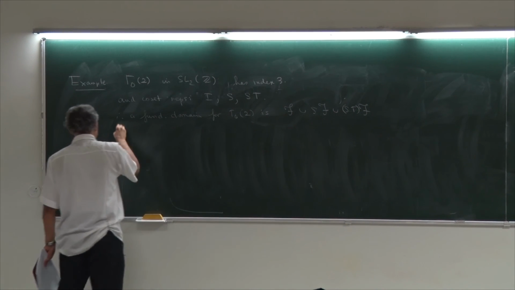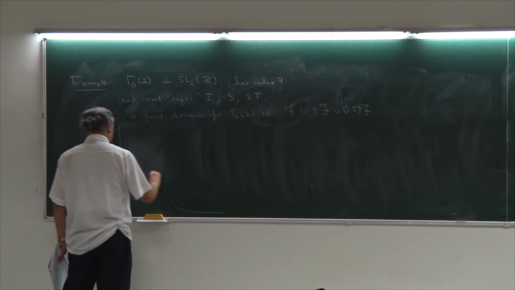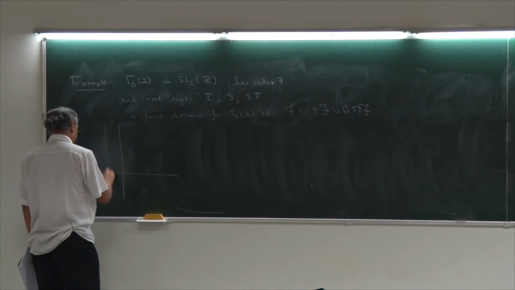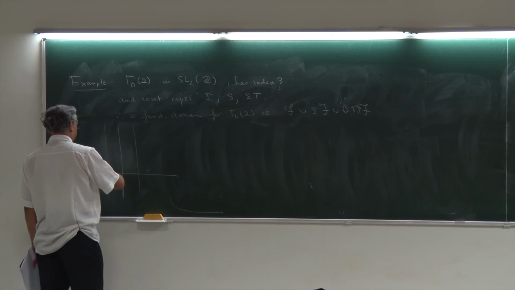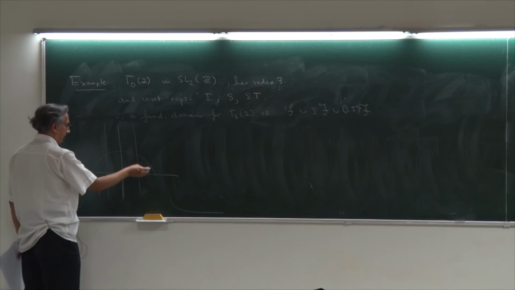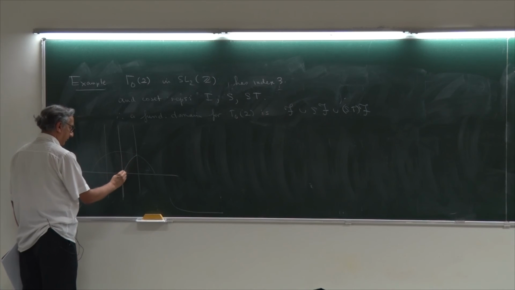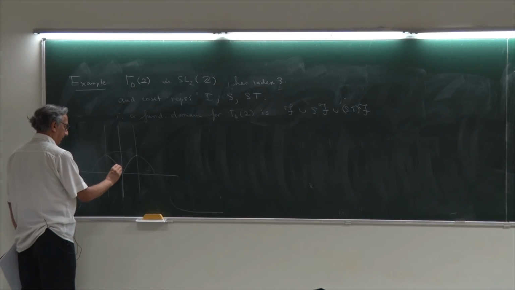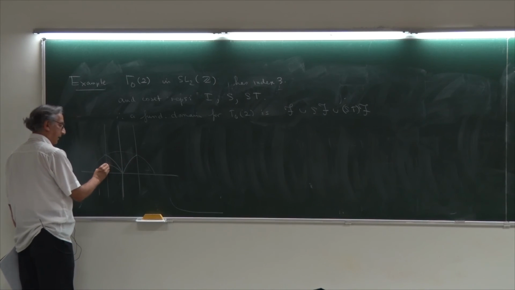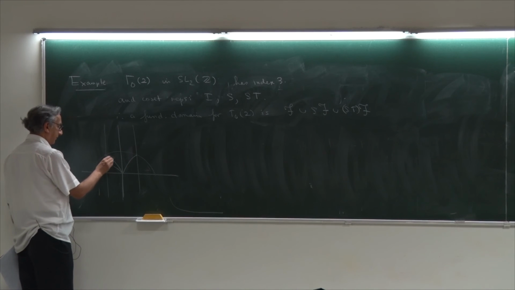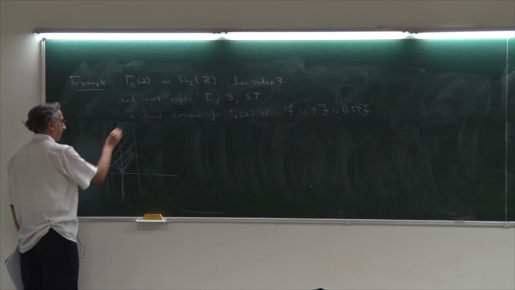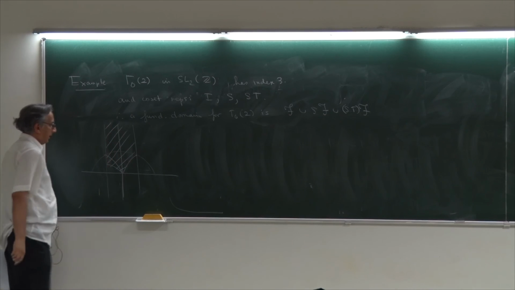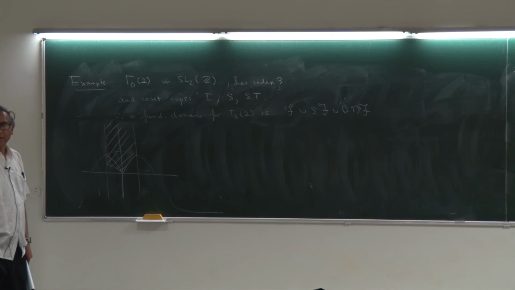And when you look at it in terms of pictures, we have the standard fundamental domain for SL2Z here. By applying S, I told you that you get this region here, and by applying ST, you get this region here. So it turns out that this whole region is the fundamental domain for the action.